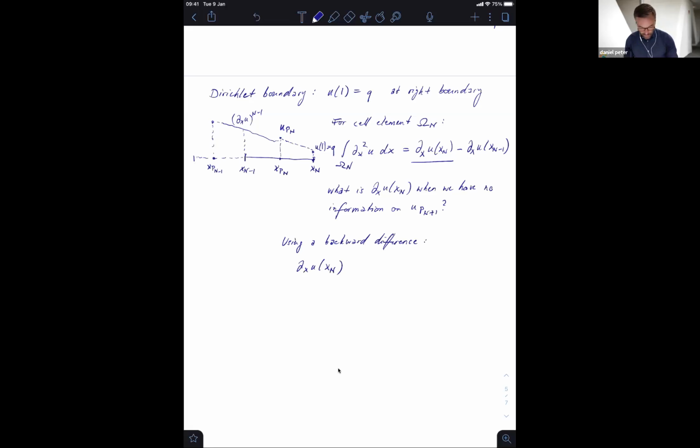So the derivative at xn now is just this approximation of u at xn minus u at xp, divided by the distance between n and p. Here we can call this delta plus 1/2.